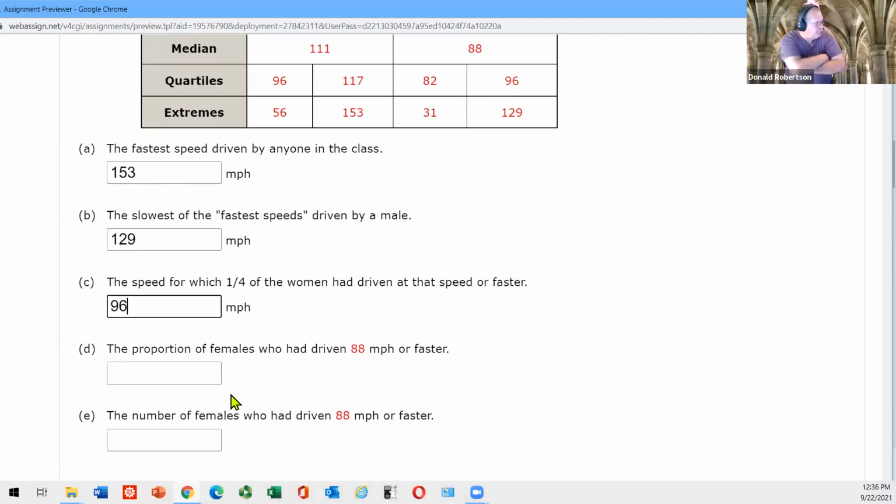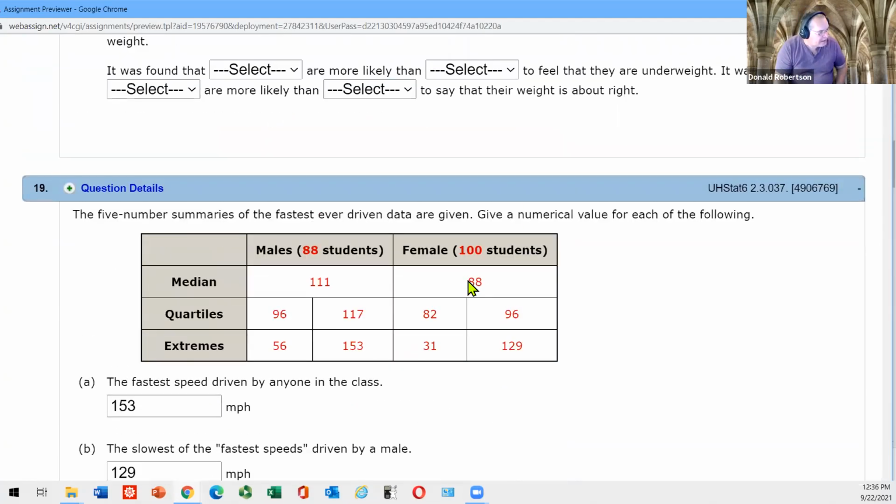Now, the proportion of females who had driven 88 miles or faster. Right, 88 miles is the median. Remember, the median is exactly in the middle. Doesn't that mean half the women have went faster, half the women have went slower, right? 88 miles. That is the middle.